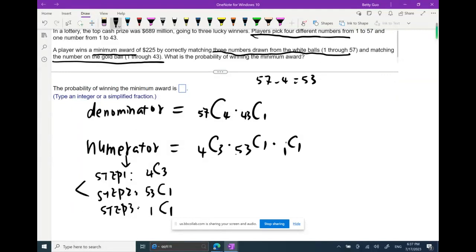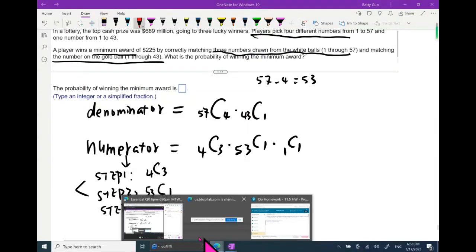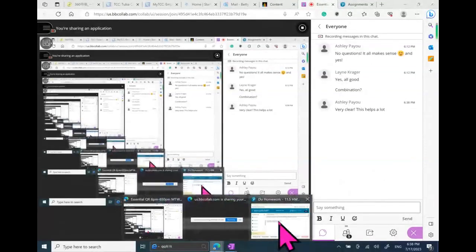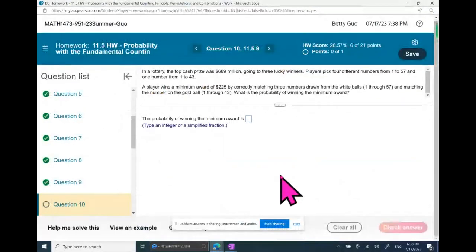This is a difficult part. I got a lot of questions from this problem. In order for the minimum award, it's like you have a superpower. Thank you, Ashley. You have a superpower, but you are only going to use it to get a minimum award. Then what would you do? You're going to do the following 3 things.